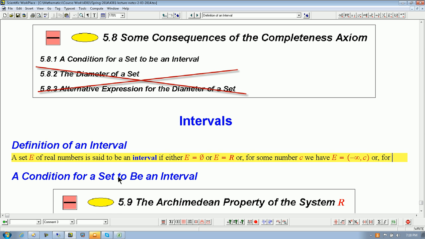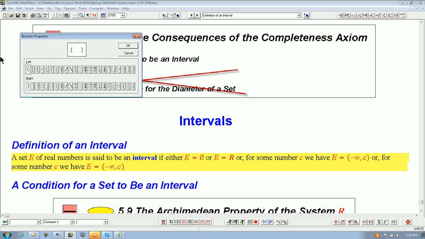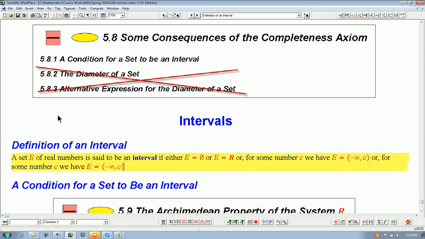Or for some number C, we have E is the set of all real numbers less than or equal to C. You understand?